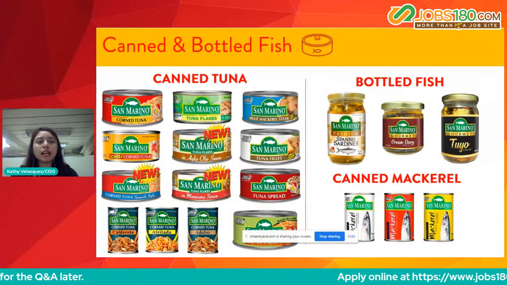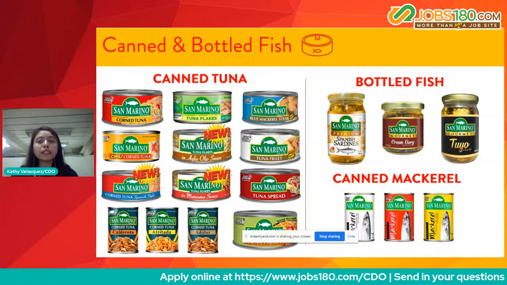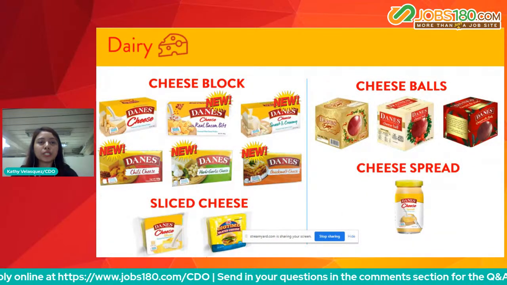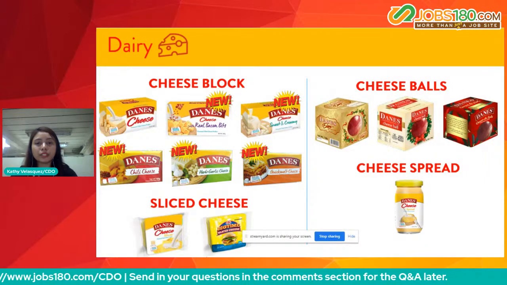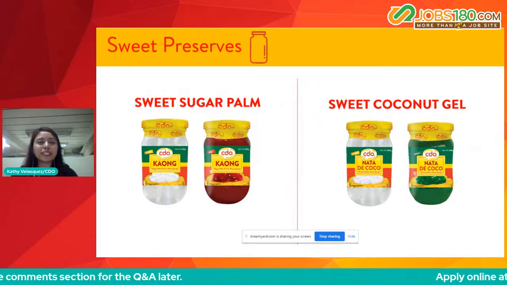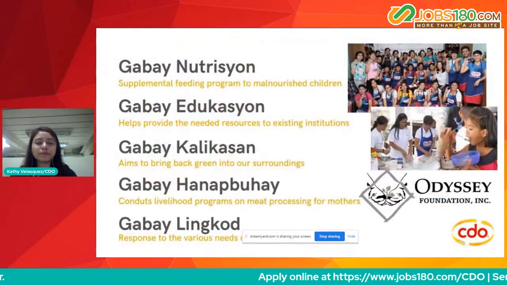Daming products. Next is canned tuna and bottled fish, canned mackerel. For the dairy, we have cheese blocks, sliced cheese, cheese balls, and cheese spread. And for the sweet preserves, sweet sugar palm or kaong and sweet coconut gel or nata de coco.